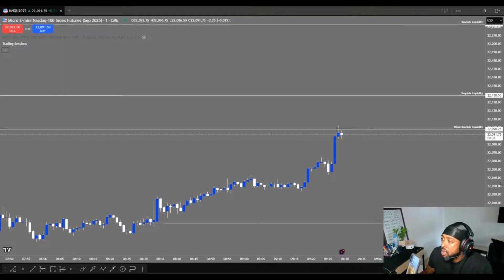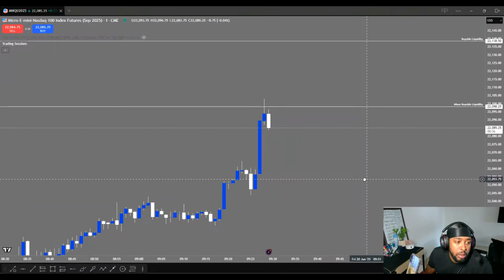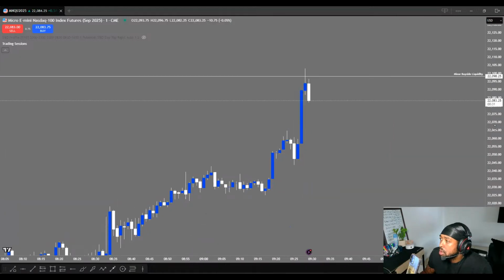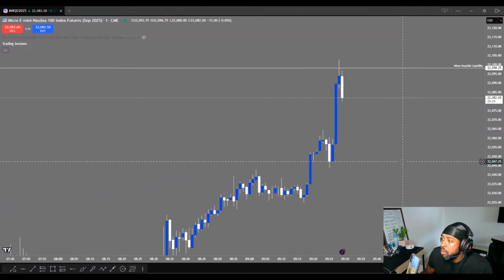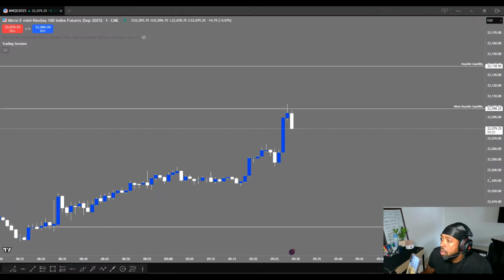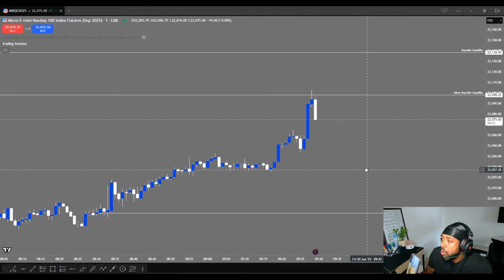For some reason, ever since I changed my chart colors, it should look more smaller. Price about to open.